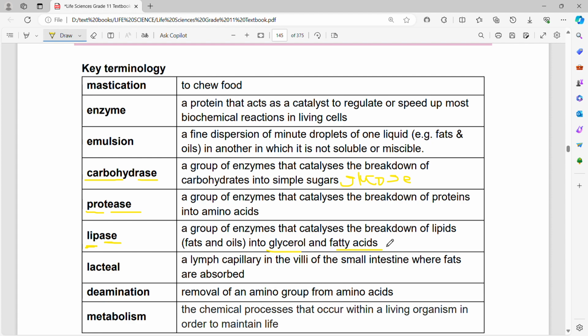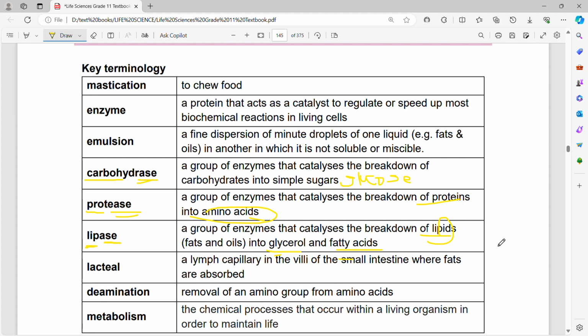So a chain of glycerol and fatty acids will form lipids. Chains of amino acids will form proteins. Then proteins will be broken down into amino acids, and lipids into glycerol and fatty acids. So ase means to break down. Carbohydrase breaks down carbohydrate, protease breaks down proteins, and lipase breaks down lipid.